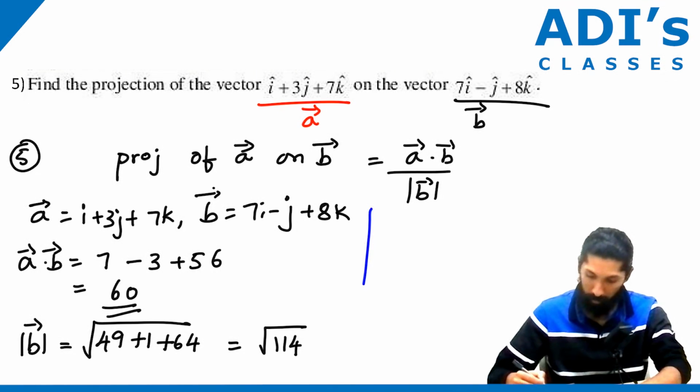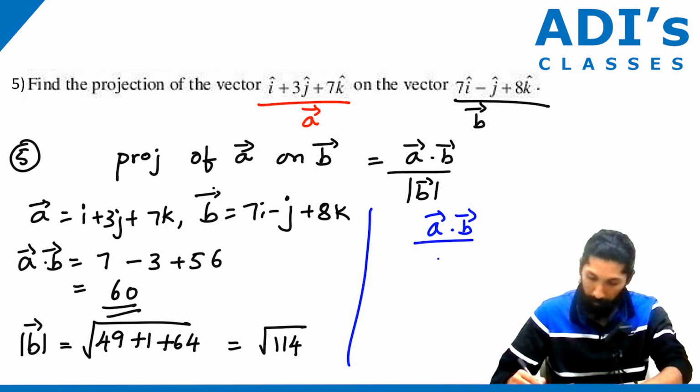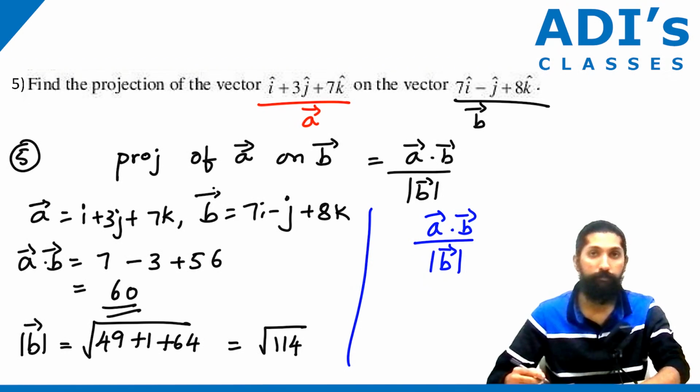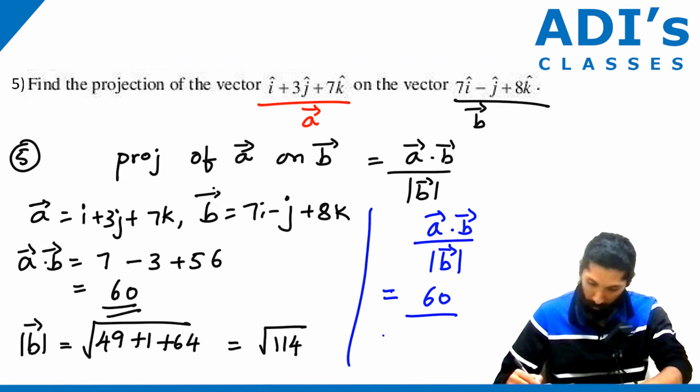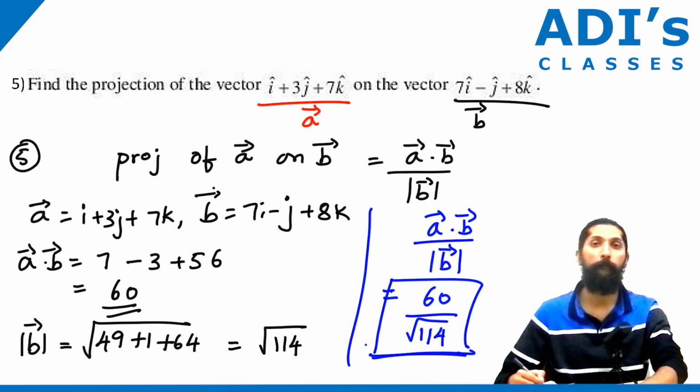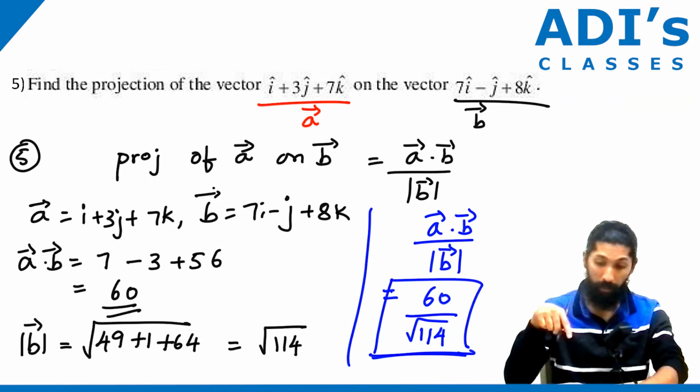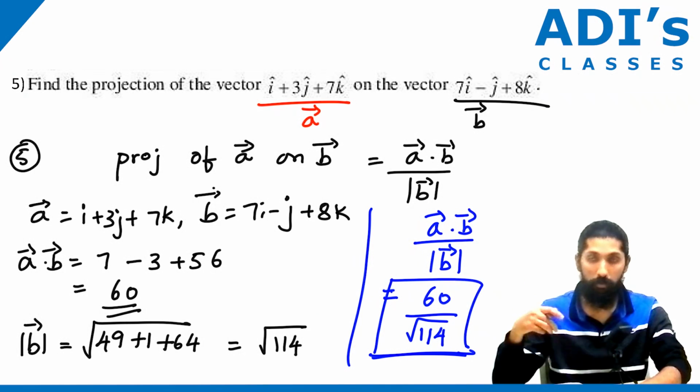So projection becomes vector A dot vector B by mod of vector B, correct? So vector A dot vector B is 60, so 60 by root of 114. This becomes the answer for the last question. So the projection of A on B is so much.